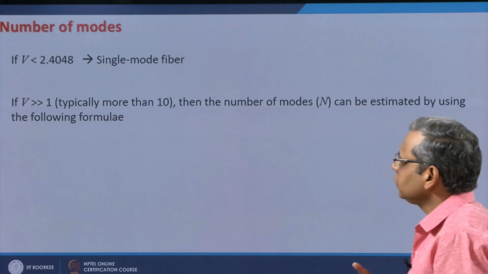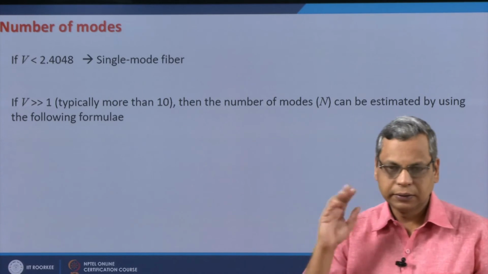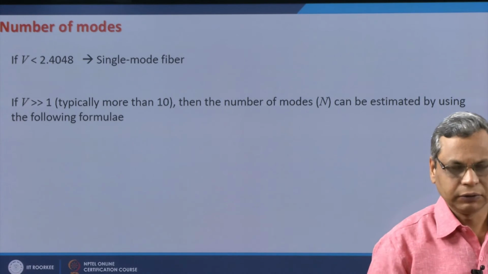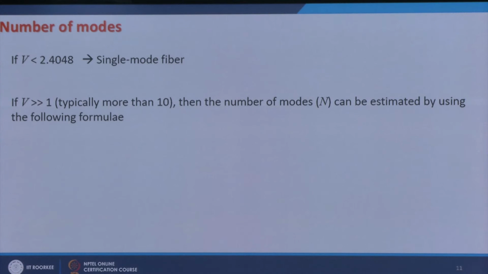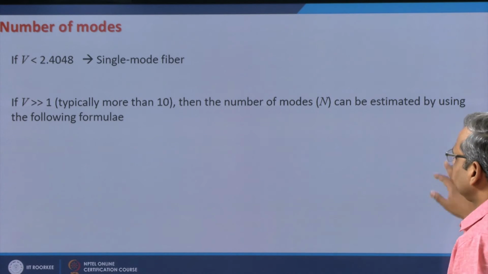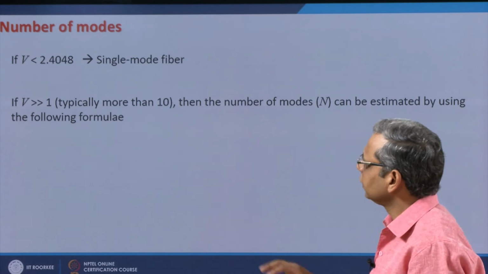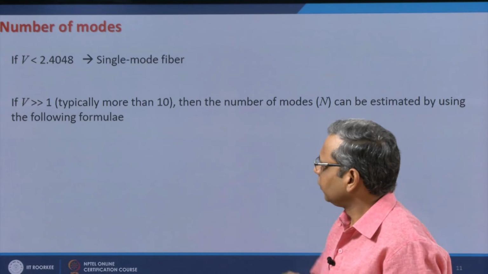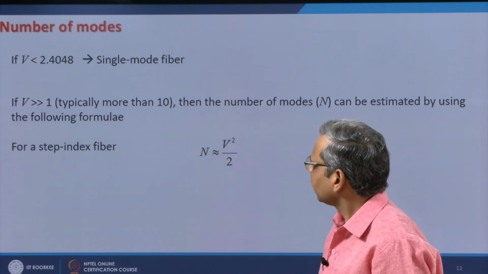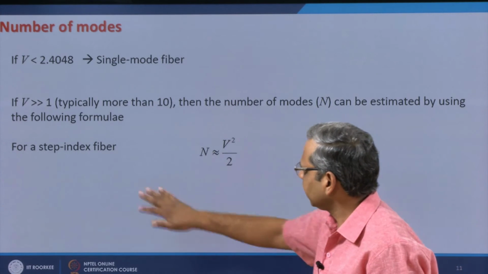If V is much larger than 1, typically more than 10 or around 10, then the number of modes can be estimated using the approximate formulae which are given as for a step index fiber.